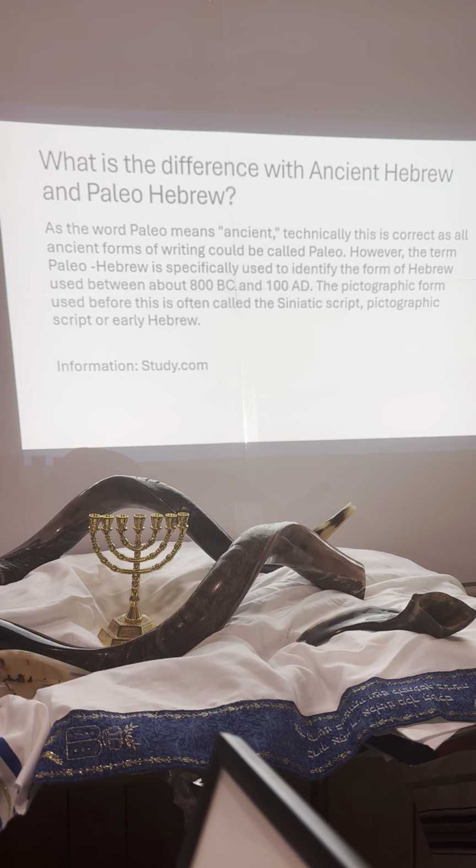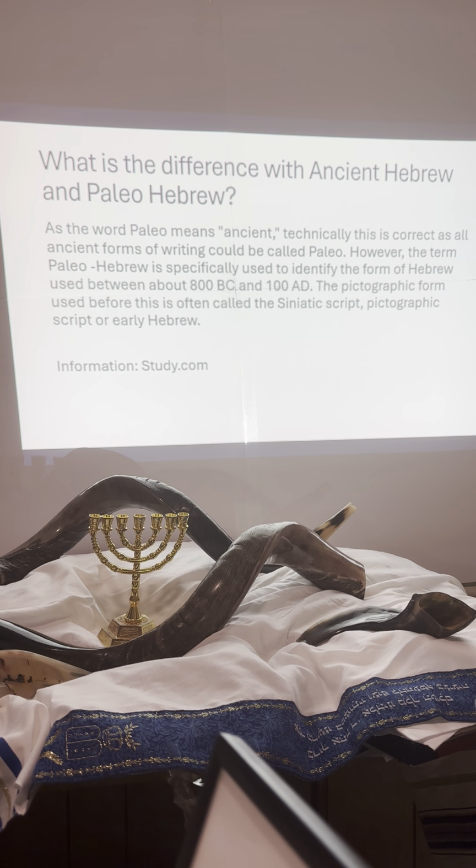Remember, we said that when we talk about the word paleo, it means ancient, right? Technically, this is correct, as all ancient forms of writing could be called paleo. However, the term paleo, or paleo Hebrew, is specifically used to identify the form of Hebrew used between about 800 BC and 100 AD.